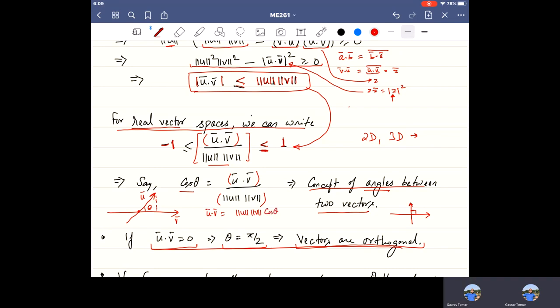And somewhere you can think of it as u being projected on the v vector. So if I modify this a bit, I can write this as u dot v divided by norm of v, and this is norm of u into cos of theta.